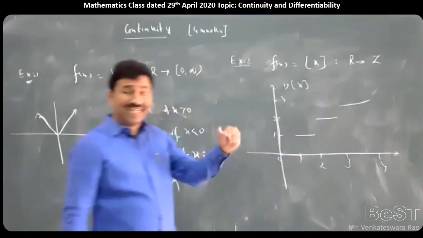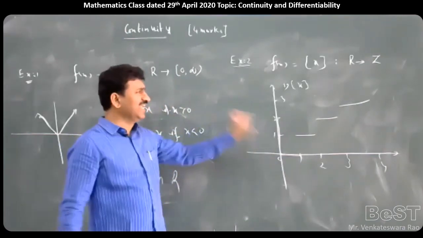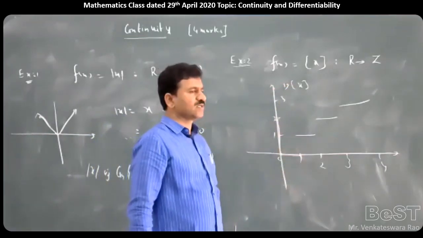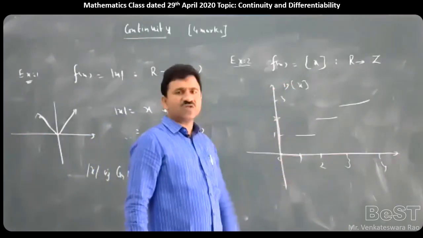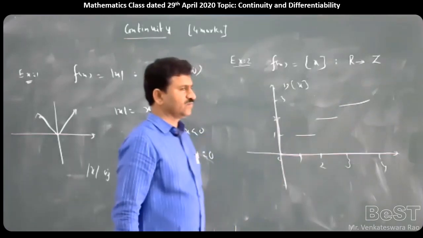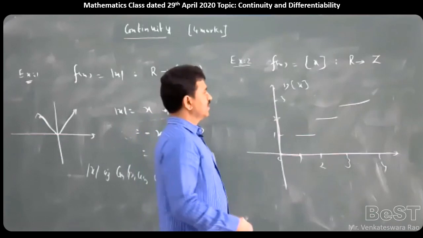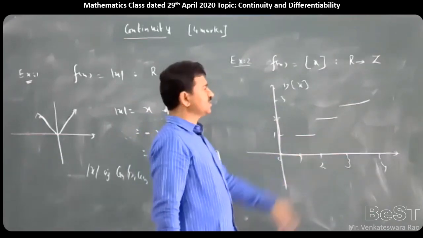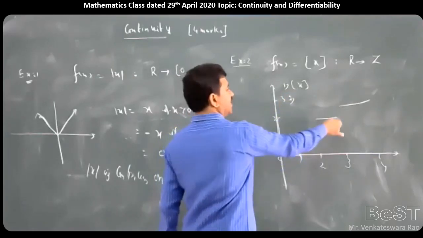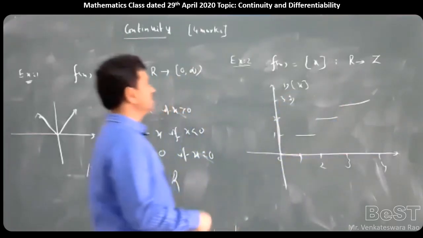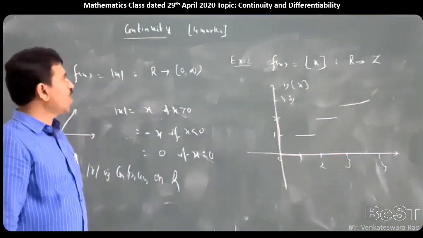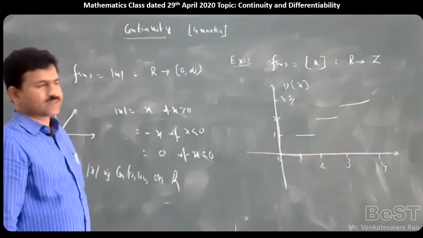Both are the same. Don't get confused. Step x is discontinuous at integer values of x and is continuous at non-integer values of x.